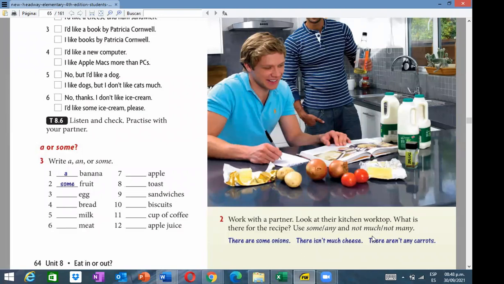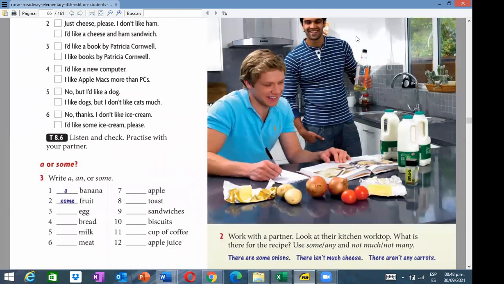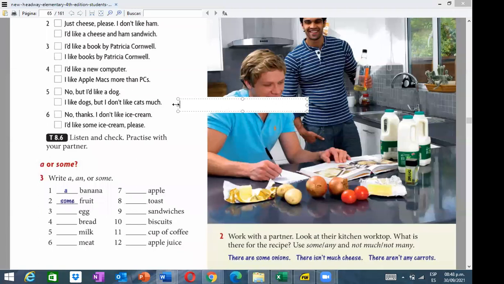Okay, continue, please. I'm going to write your answers. You have to describe a picture, remember. You are going to tell me again your sentences. For example, there isn't much oil. No hay mucho aceite. Yes, very good.